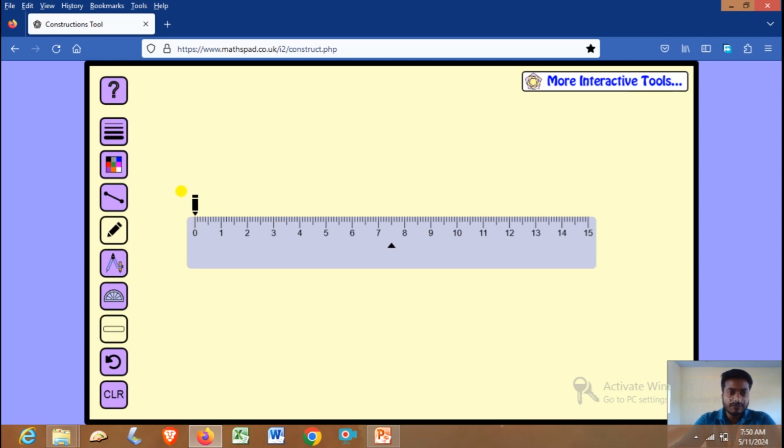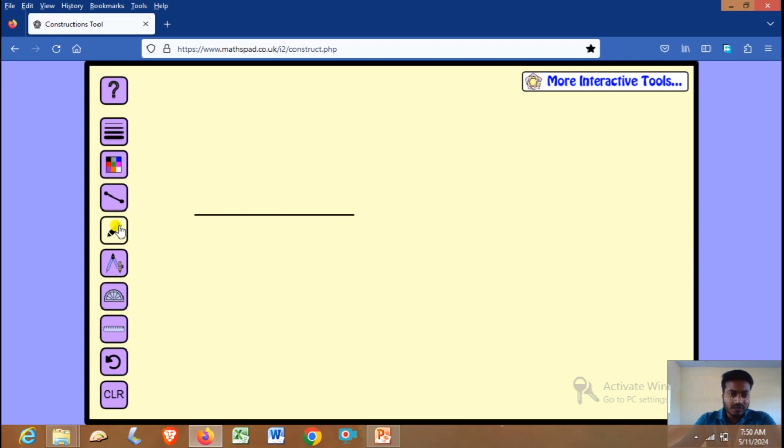Then start drawing the line segment, go up to 6 centimeter. You can see here the 6 centimeter, and then leave. After that you need to write here the length of the line segment like this, 6 centimeter.